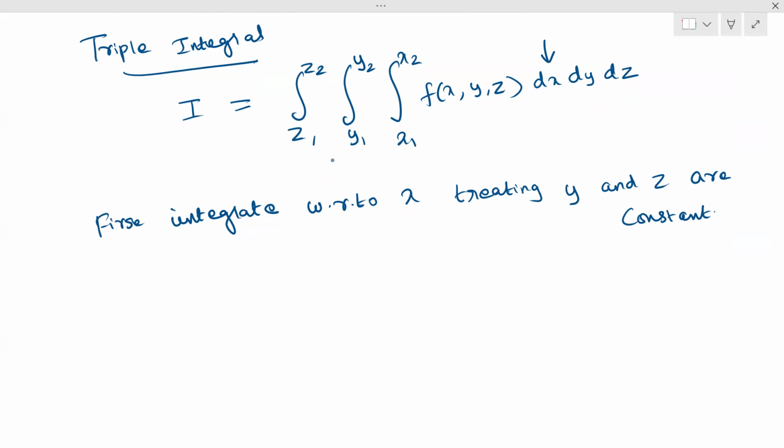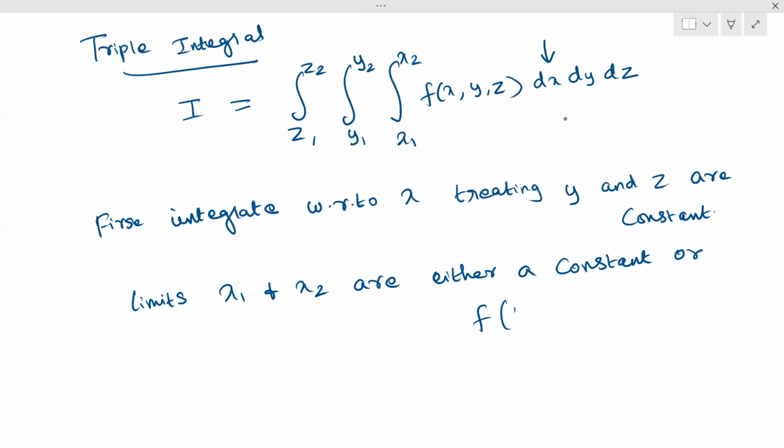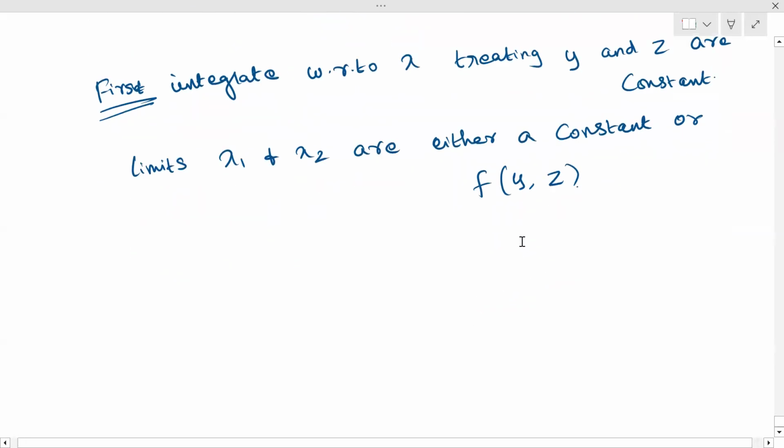Here the limits are x1 and x2. Limits x1 and x2 are either a constant or function of other two variables. What are the other two variables? Remaining variables are y and z. So, first we finish the integration with respect to x, treating y and z are constant.